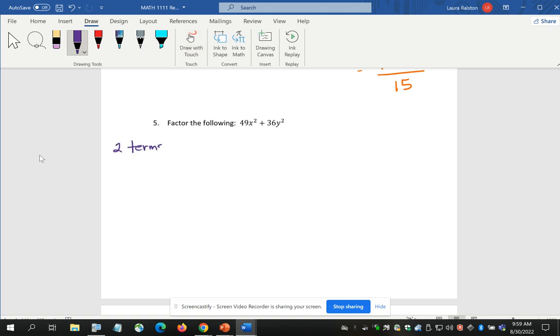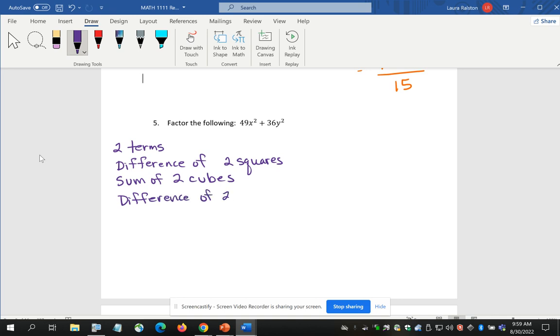And typically when we have two terms, we think about either the difference of two squares or the sum of two cubes or the difference of two cubes.